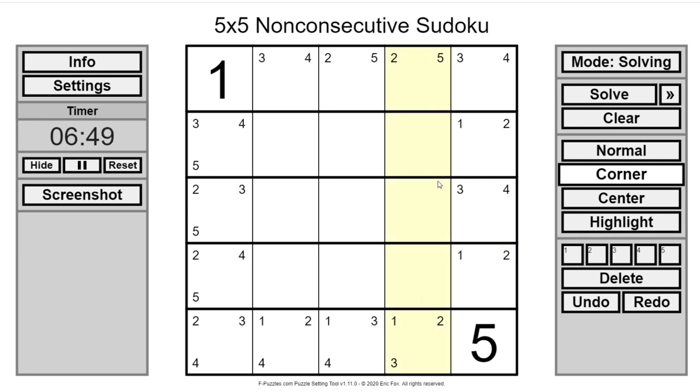Now I think we work in like this. This is either 3, 4, or 5, can't be a 1 or a 2. This is either 1, 2, or 5. And this is 3, 4, or 5.